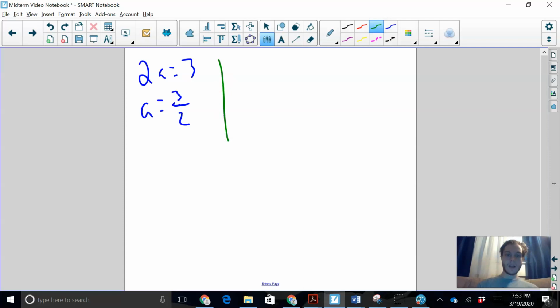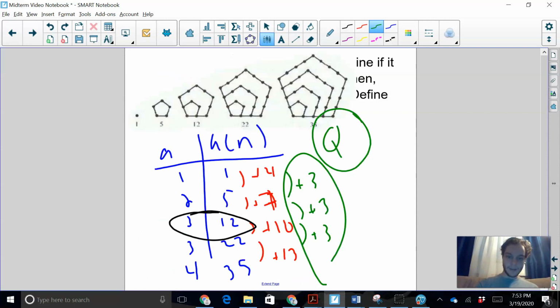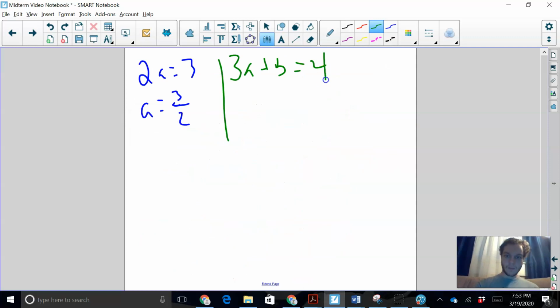Then we also know that 3a plus b is going to equal the first difference that we found in the table, which happens to be 4. So substituting what we know a to be, 3 times 3 halves plus b equals 4.